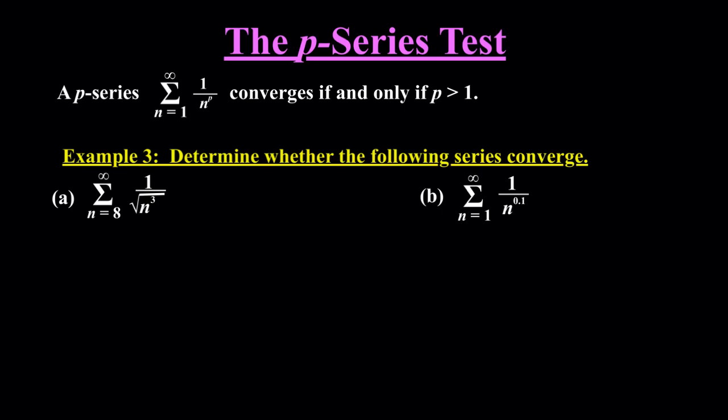All right, so if you look at the first problem here, we have sigma going from n equals 8 to infinity, and it doesn't really matter if you're going from 8 to infinity or 1 to infinity. The rule is still going to be the same, of 1 over square root of n to the third power.